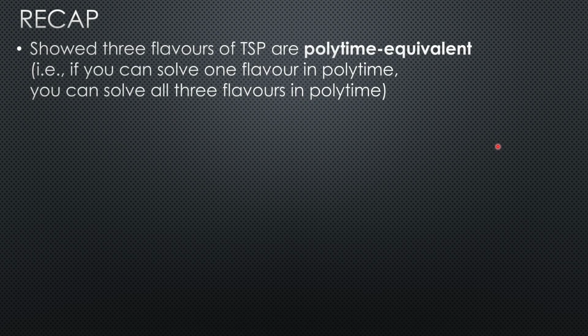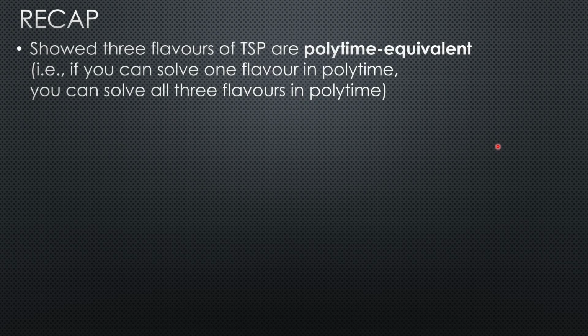So we showed TSP optimal value reduces to TSP decision, and TSP decision reduces to TSP optimization, and TSP optimization reduces to TSP decision, and TSP decision reduces to TSP optimal value. So you end up showing that these all actually reduce to each other through some path in the reduction graph.